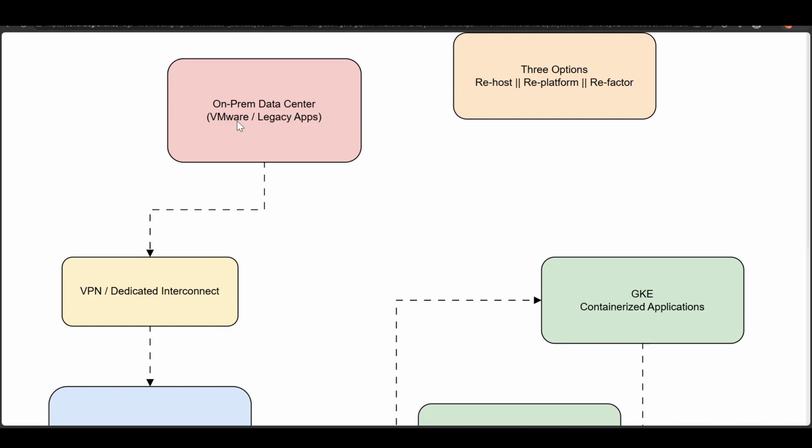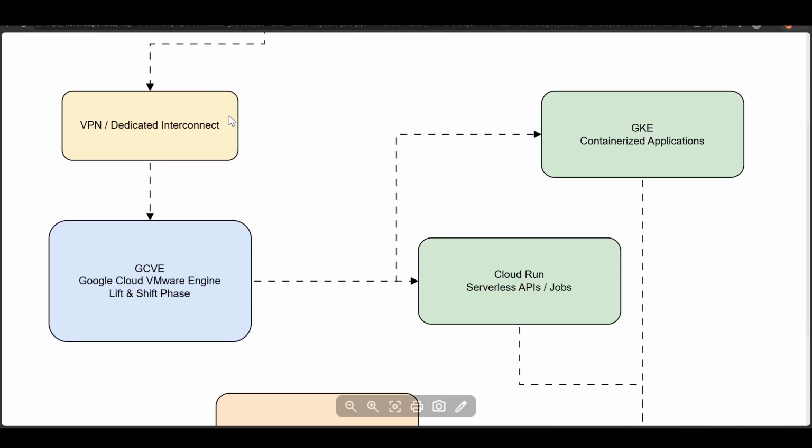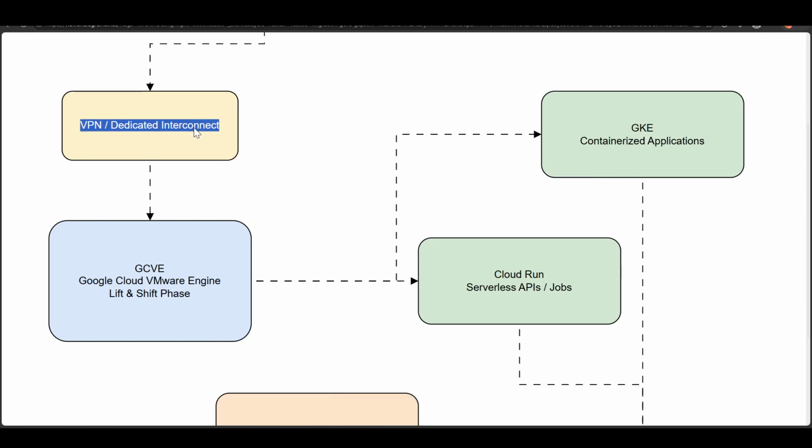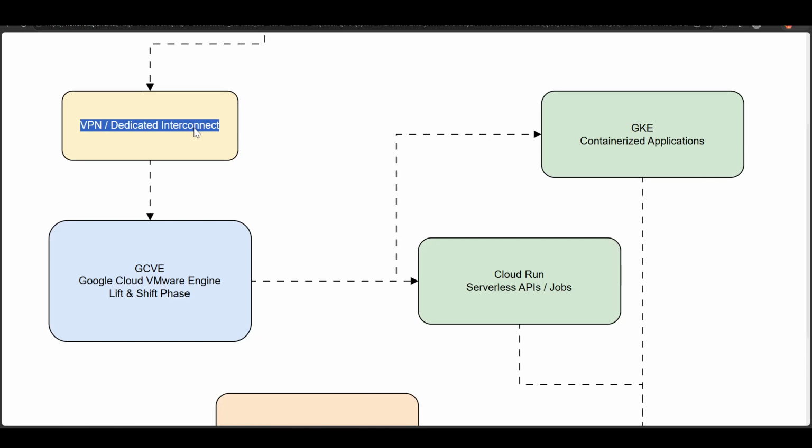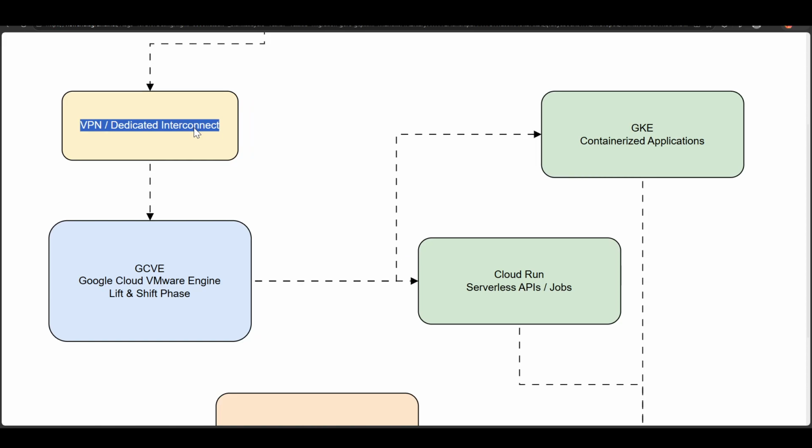Benefits are that you're going to have minimal code changes, faster migration, and reduced risk. This phase is mainly about rehosting workloads into the cloud. Now, in terms of connectivity, we need secure communication between on-prem and GCP.